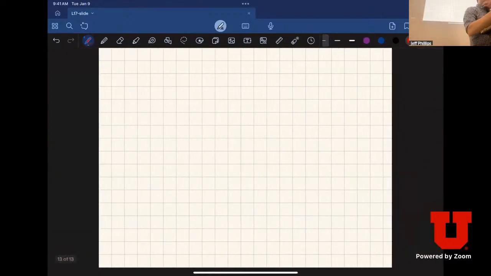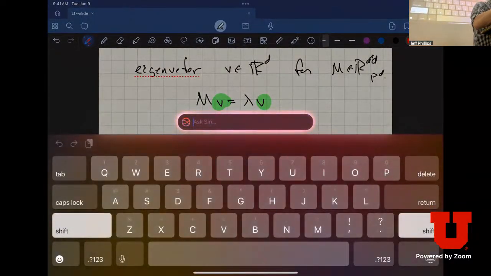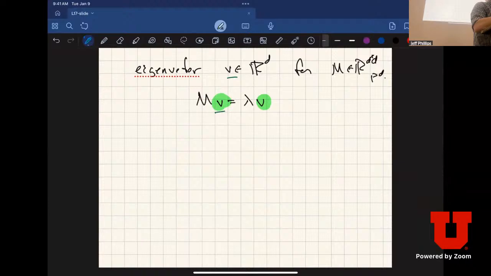Okay, so what is an eigenvector? An eigenvector V in R^d for M in R^(D by D) that's positive definite satisfies M times V equals lambda times V. In German, eigen means self.